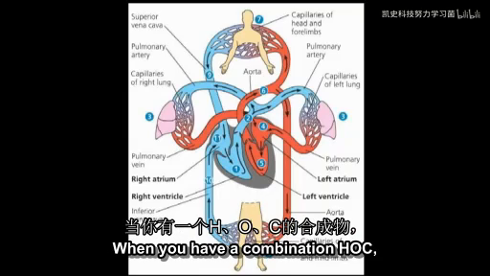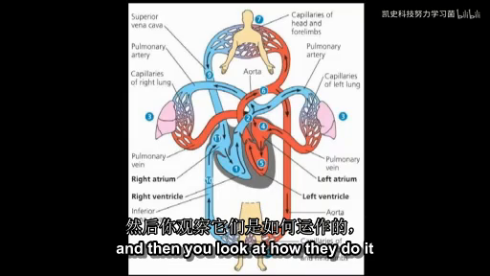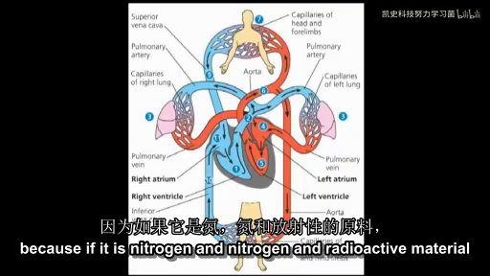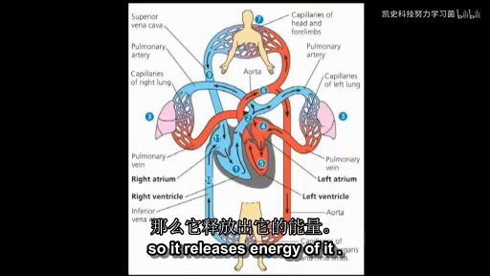Then you look if your combination has an H, O and a C, which one is alkaline, and then you look at how they do it, because the nitrogen is radioactive material, so it releases energy.